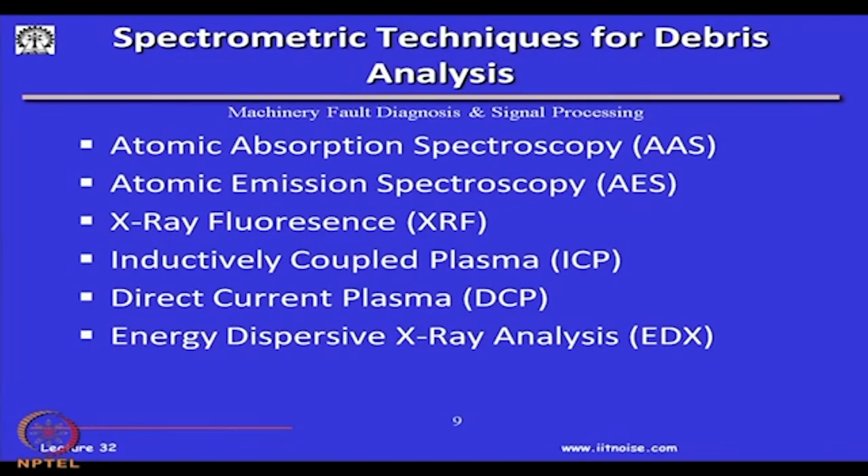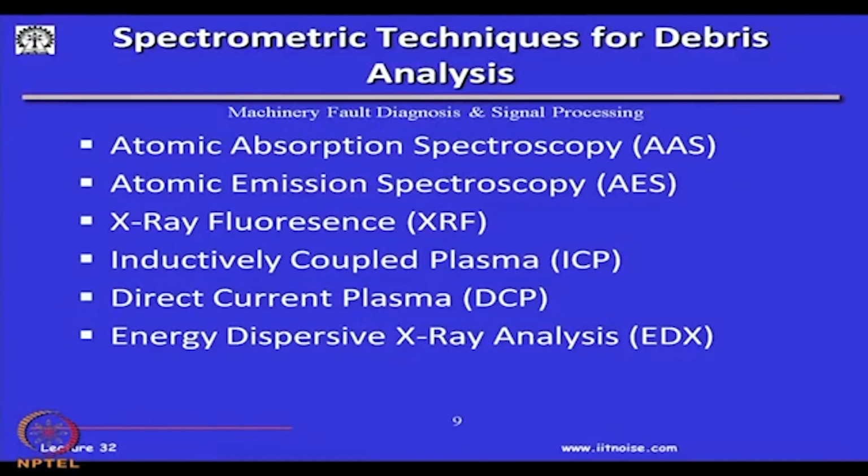But to know the chemical composition of the air particles, we have to use what are known as spectroscopic techniques for debris analysis. These debris, and mind you, have to be sizes less than about 2 microns, which are obviously not possible to see with the naked eye.